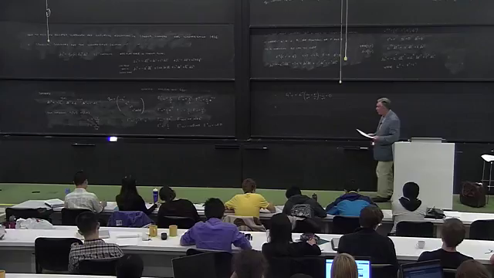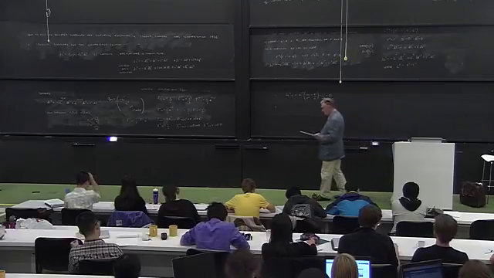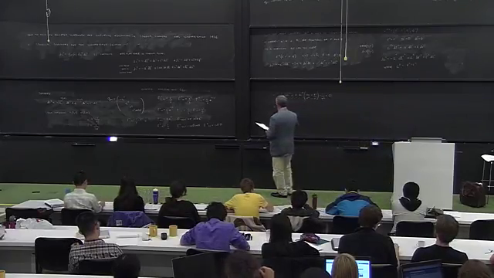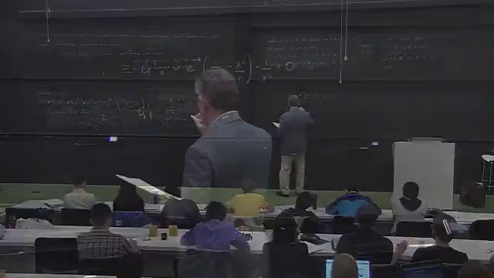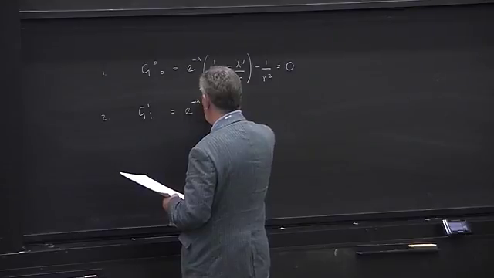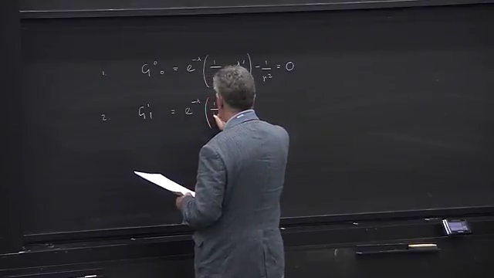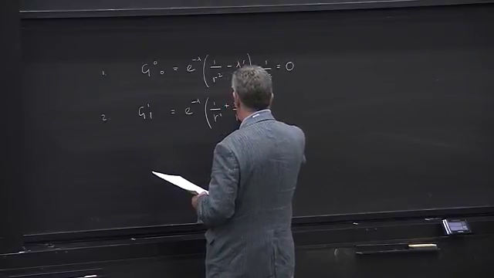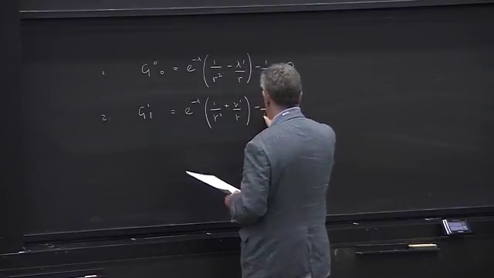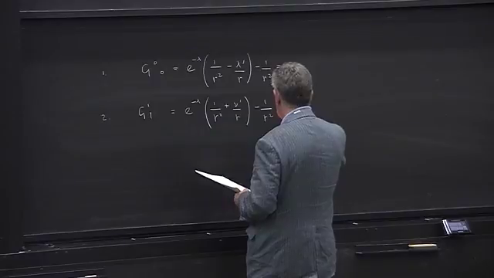So G naught naught equals 0. G11 equals e to the minus lambda, 1 over r squared plus mu prime over r, minus 1 over r squared, equals 0.